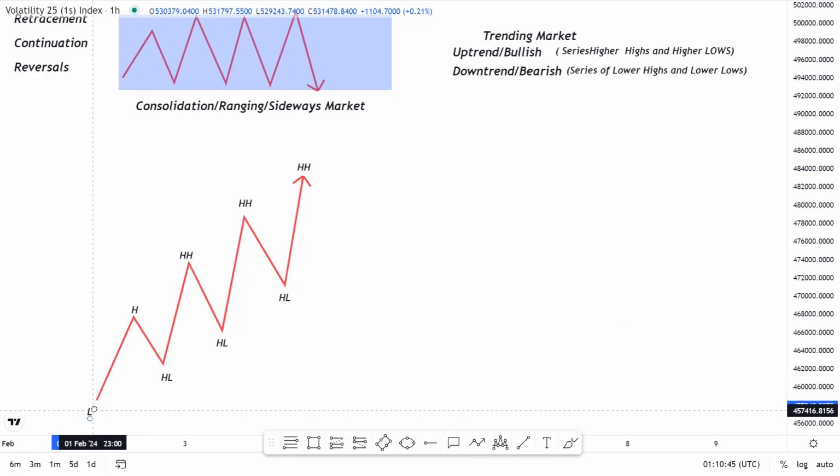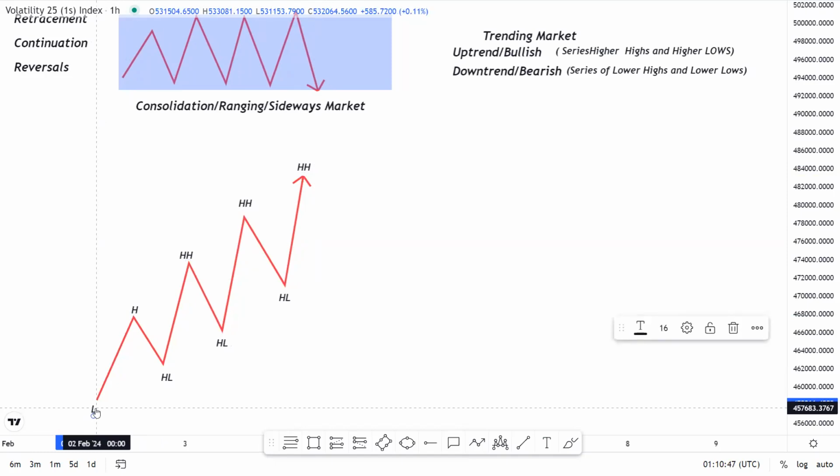There is a pattern in which price trades from a certain level to another level, and usually you'd see the pattern come in a zigzag form, just like we are right about here.